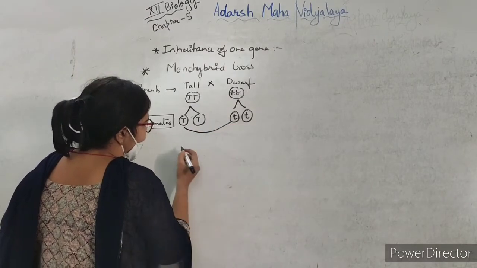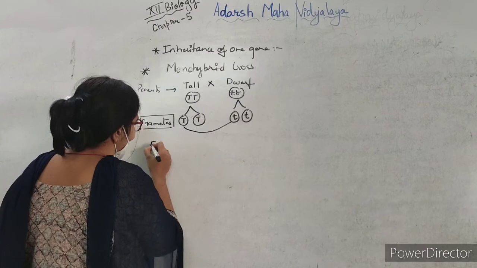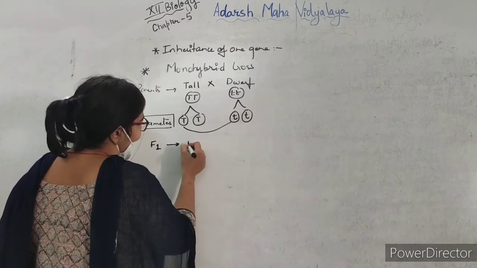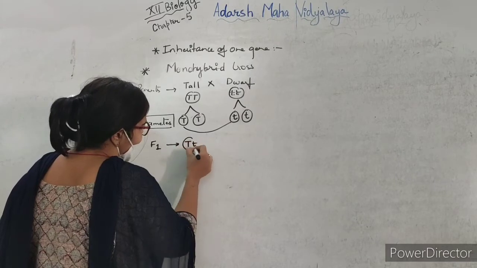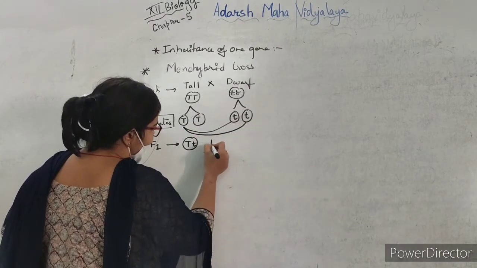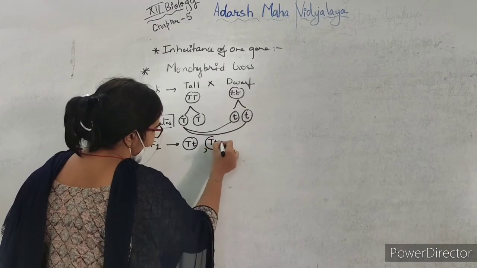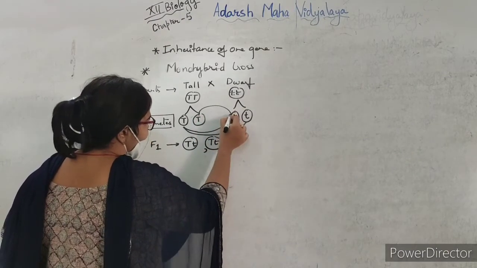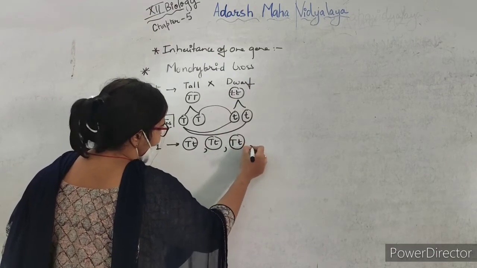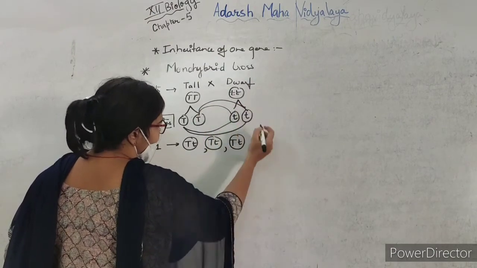So this will combine with this, so we'll get the F1 generation. First plant will be this, this can also combine with this, so second plant will be this, this can combine with this, so this, and this can also combine with this gamete.